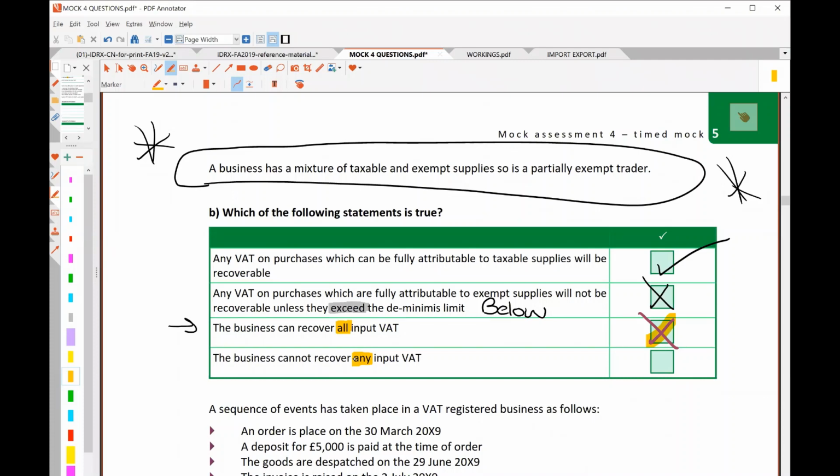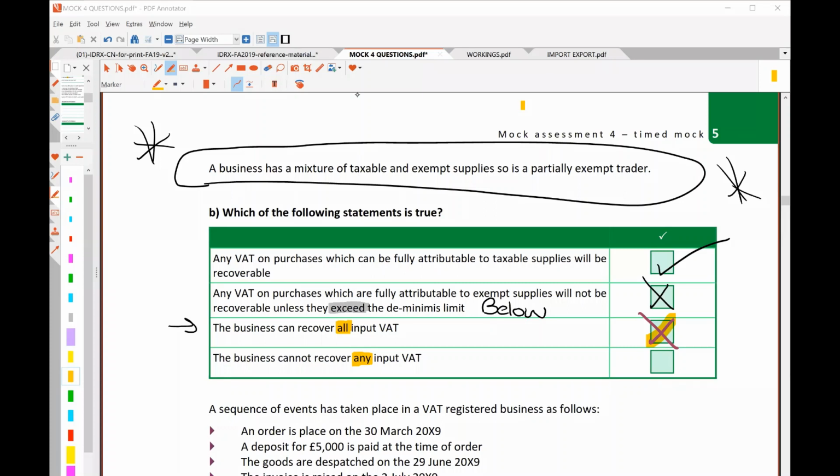Because Ingrid has mentioned that straight away. No, you're right. Don't worry, you should see my typing when I'm trying to type very quickly. It's horrendous. Yeah, it's because the business can recover the taxable element, and also can recover the amount that is below the de minimis limit for the exempt supplies as well.